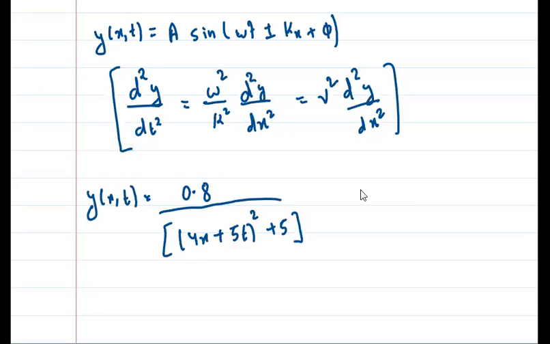First you should ask: is it a function of x and t, in the form of f of ax plus bt? Yes or no?